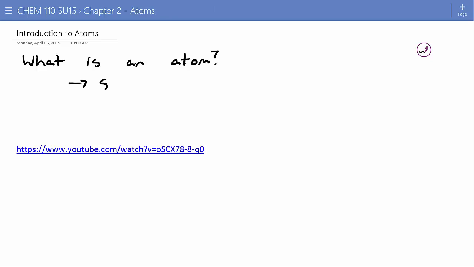We already said that it's the smallest unit of matter. And I think the interesting part about an atom is that we really can't easily split it into smaller pieces.